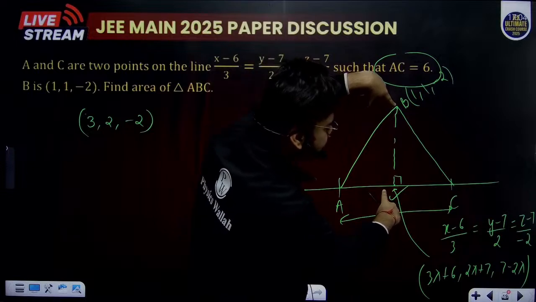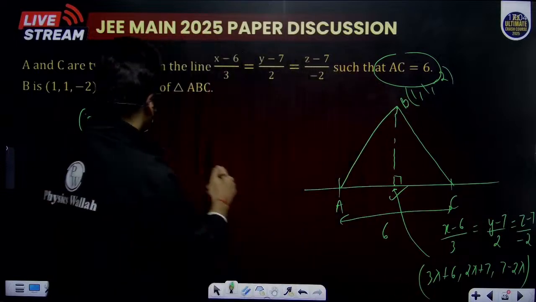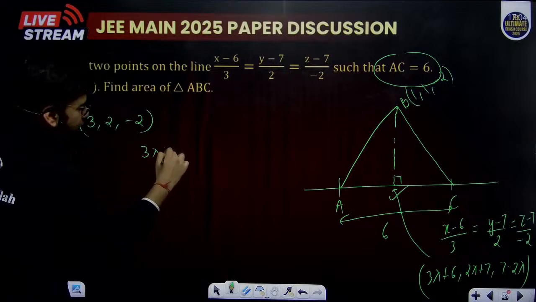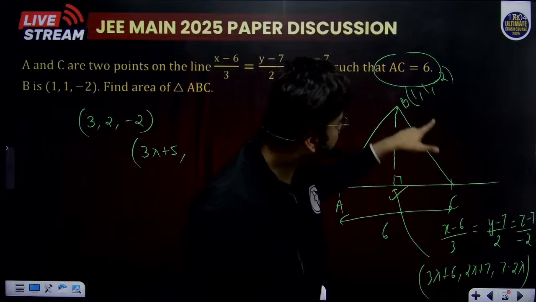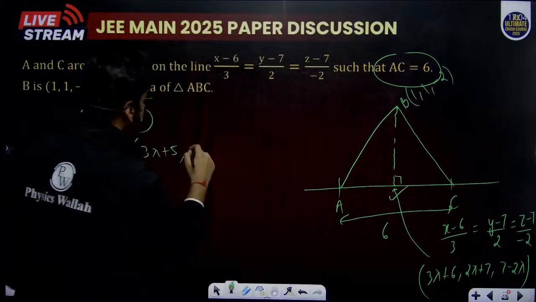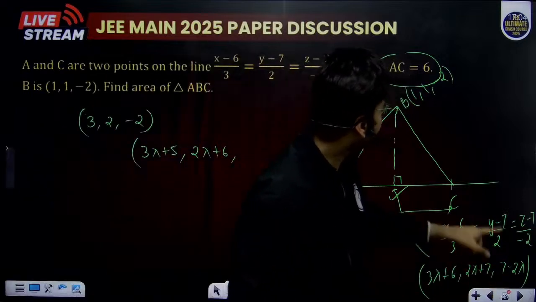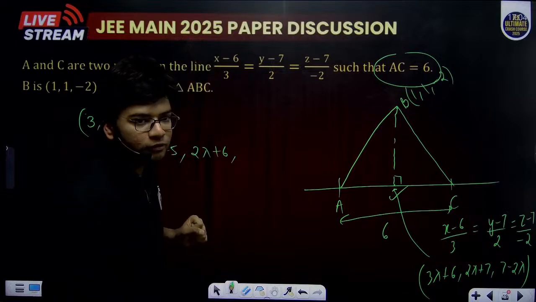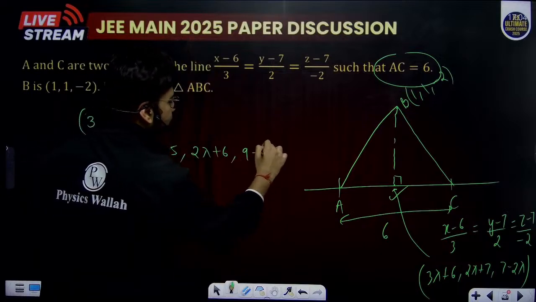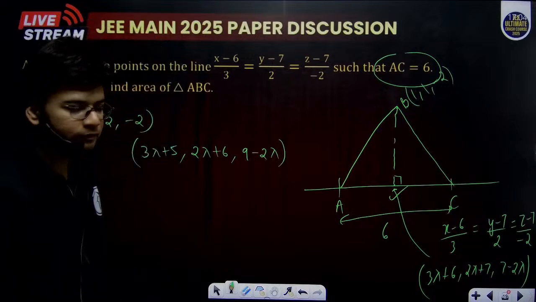What will be the direction ratio of this line? 3 lambda plus 6 minus 1, we'll get 3 lambda plus 5. 2 lambda plus 7 minus 1, which gives 2 lambda plus 6. 7 minus 2 lambda minus 2, so you'll get 5 minus 2 lambda. We're getting something like this.